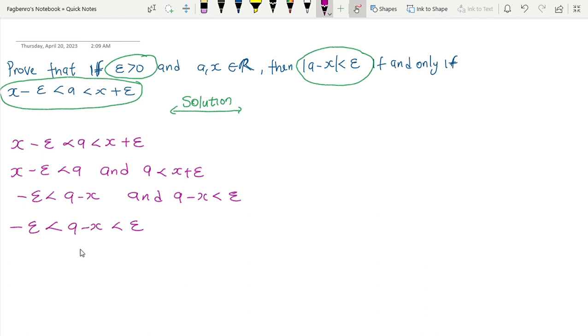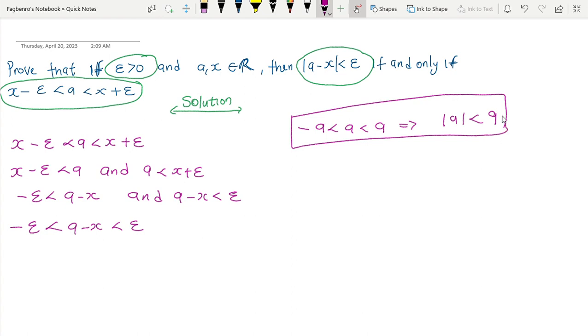Okay, according to absolute value, when you have minus b less than a less than b, it will result in the absolute value of a being less than b. I'm just using this as a case. Alright, so from here all we are going to have is the absolute value of x minus a is less than what?